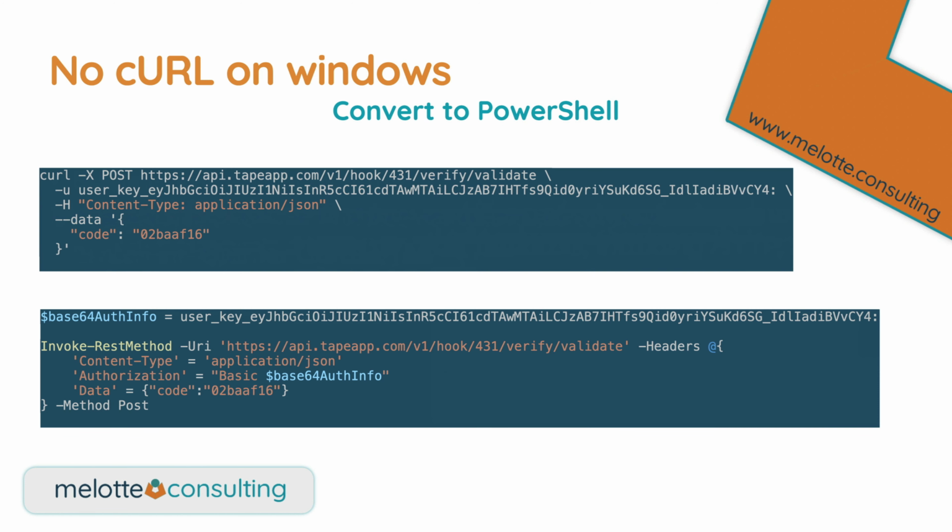As mentioned earlier, if you are on Windows and you don't have access to curl, then you do have the option of using PowerShell. The curl command is relatively easy to convert into an Invoke-RestMethod in PowerShell.